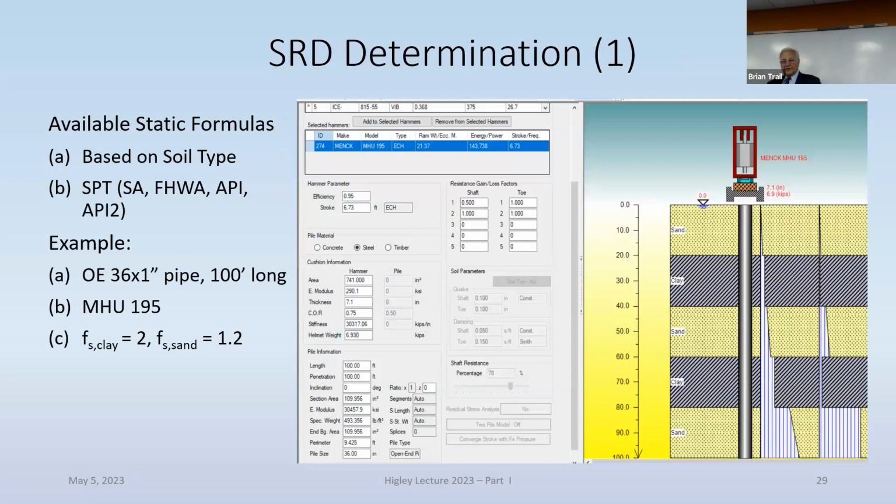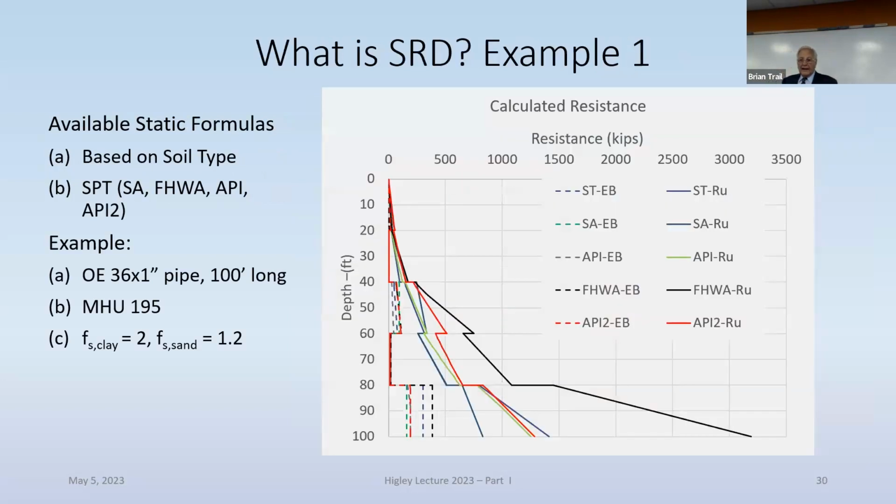So an example is given here, and our program, thanks to Dr. Liang here and Dr. Quan Go, he's not here right now, but they have programmed now all of these various static formulas into our wave equation program.